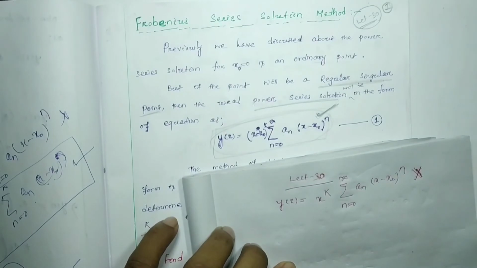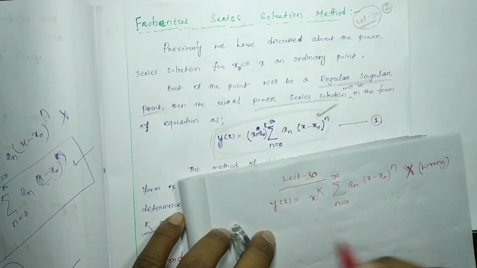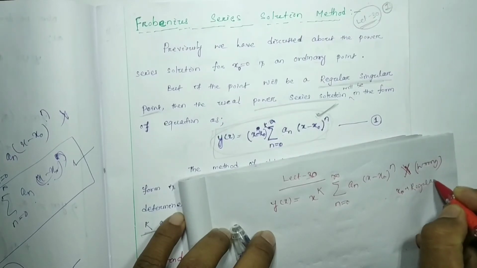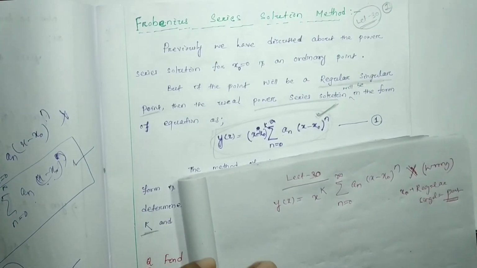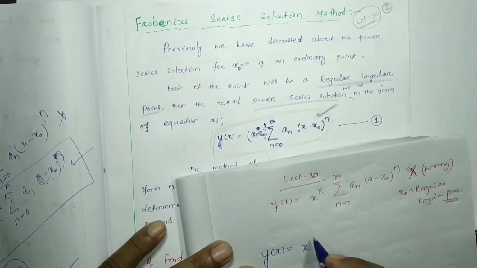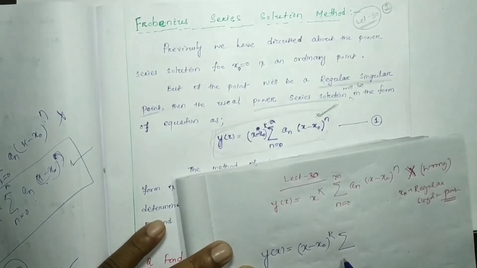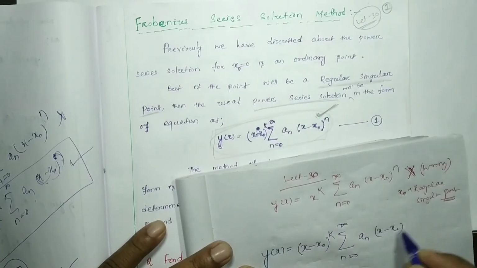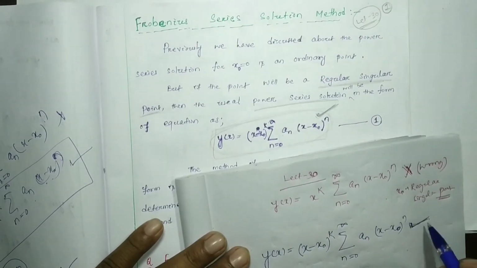The correct one is y(x) equal to (x minus x0) to the power k, summation over n equal to 0 to infinity a_n (x minus x0) to the power n. This will be the correct one.